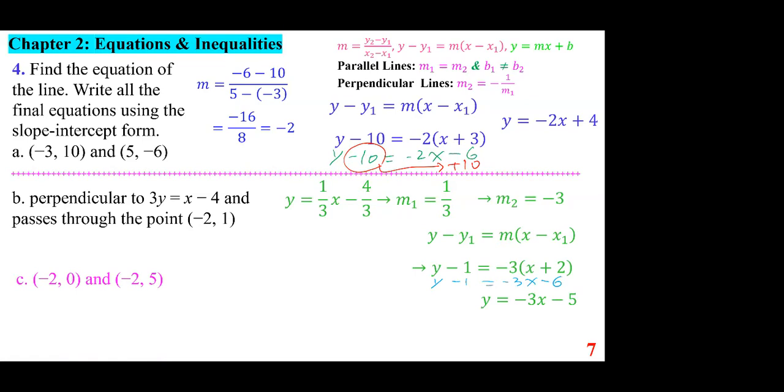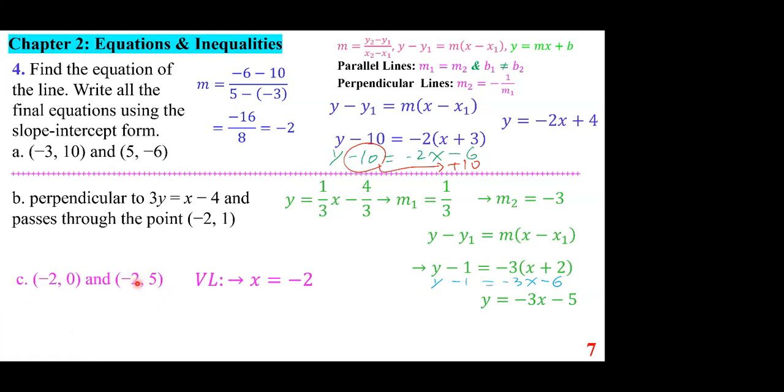We want to come up with the equation of a line. If you happen to have two pairs where both of them have the same x coordinate, then x equals that number is your answer. It's a vertical line. Look at it. You don't have to work anything out. They have the same x coordinates.